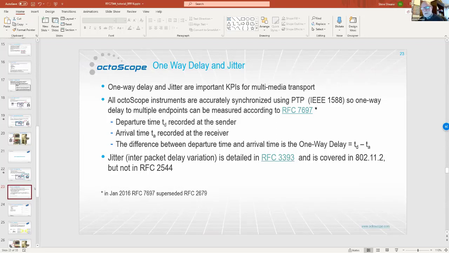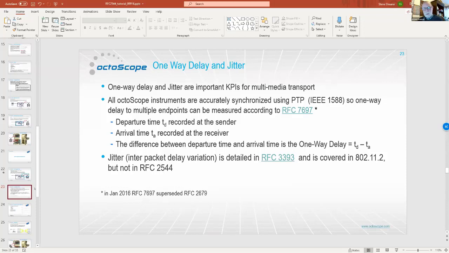The transmitter has a packet of data to send. It timestamps its departure time and sends it across to the receiver. As soon as the receiver gets that packet, it looks at its own internal clock and determines the arrival time. The difference between the departure time and the arrival time is the time it took to get from A to B. This is the so-called one-way delay.